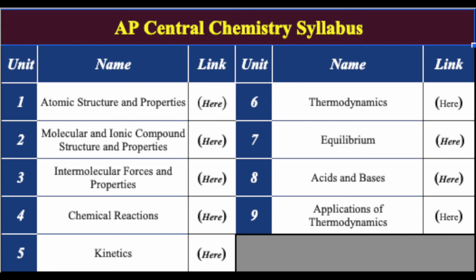And here is the AP syllabus, the AP Central course description for the exam, and it goes through each section, each unit, and you should read through that. Very important document.